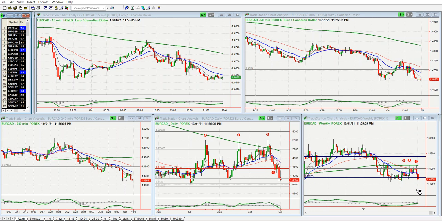Then we are in free fall territory and we might actually reach the 145 big number pretty early on. So this might actually be the most interesting currency, the Euro CAD, for the first week here in October.